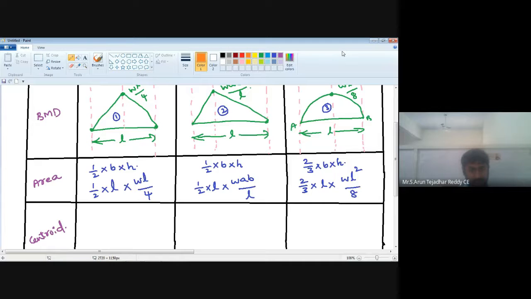See the first diagram, X L, X R. Here also X L, X R. Consider only the first diagram.